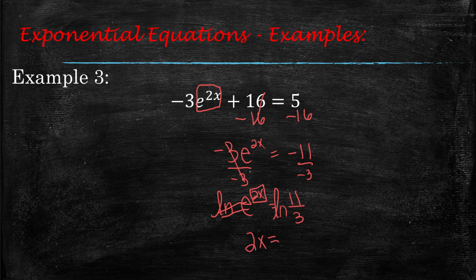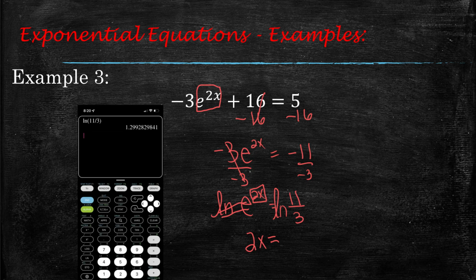And then you want to do this on your calculator. So on your calculator, to get to the natural log button, you're going to click this button right here. Just hit the natural log and then type in 11/3. So you're going to see that that equals 1.299 approximately. But then now we're going to have to divide that by 2.